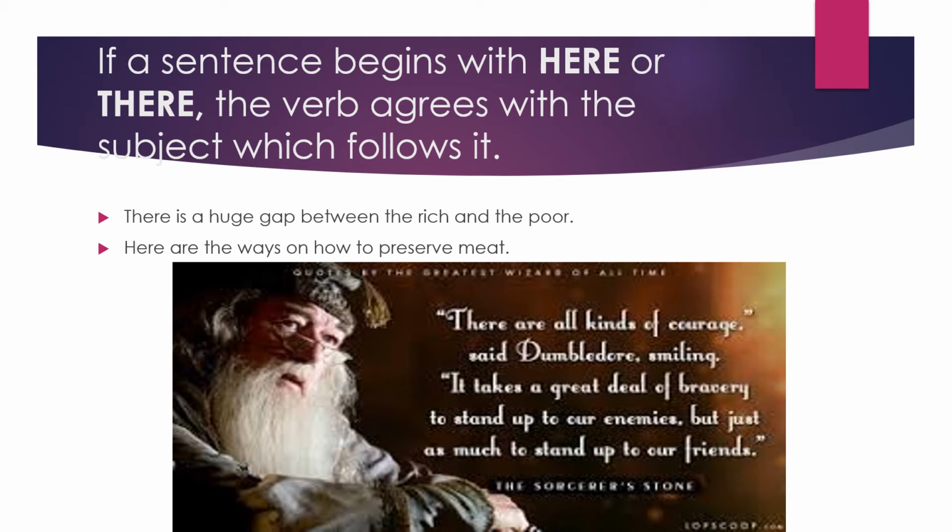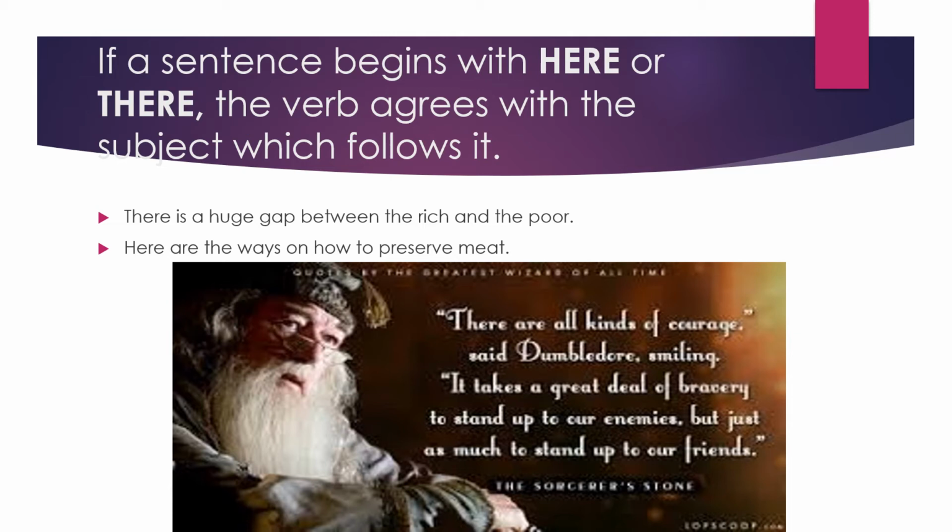The subject that follows the word there is gap. Therefore, the verb that we use will be is. The verb agrees with the subject which comes after it. After the word is the word gap. Gap is a singular noun, therefore we'll be using a singular verb.